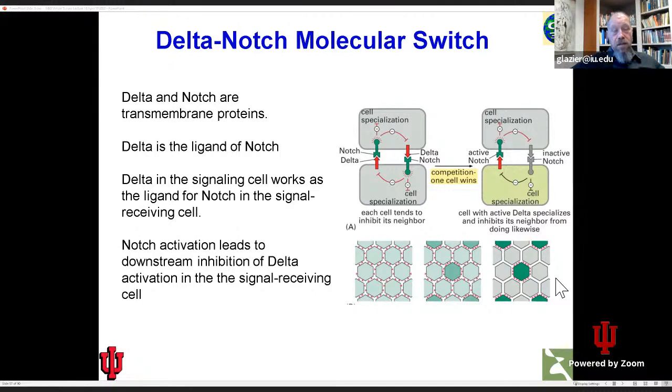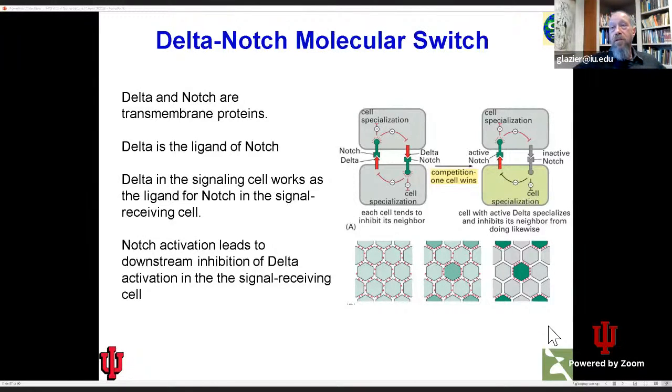In fact, as our friend Lorenzo Veschini at King's College London has shown in his experiments, you don't necessarily get a static pattern. You can get flickering where cells go from high notch to high delta. You can get waves of high notch and high delta, depending on the details.